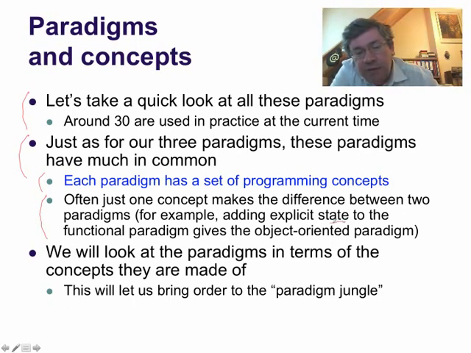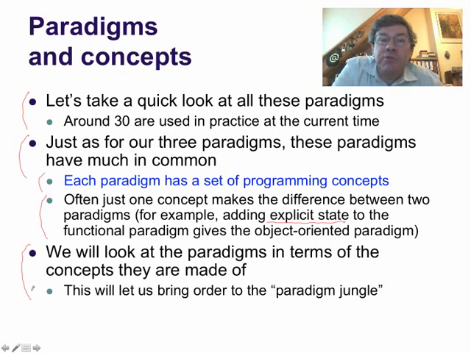Adding explicit state to the functional paradigm gives you object-oriented programming, lets you do all the different techniques of object-oriented programming. So this is actually a good way of looking at the paradigms, the concepts they're made of. And this will also let us see how they're related to each other. So with this, we can bring some order to the paradigm jungle.